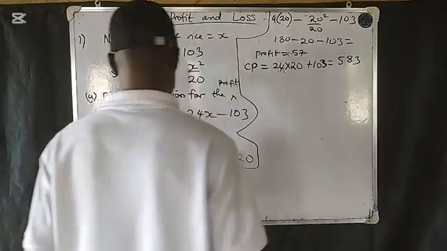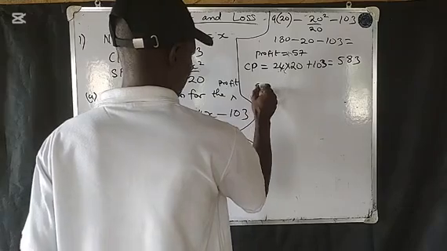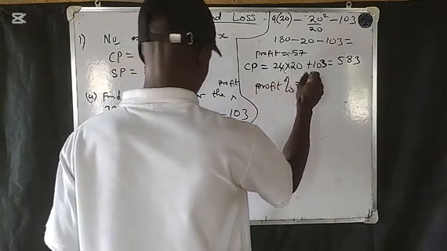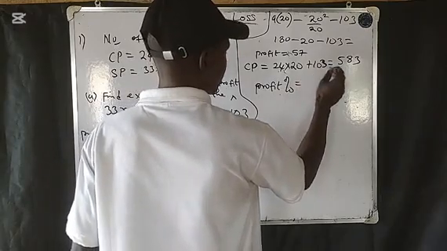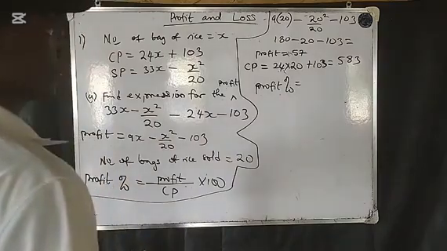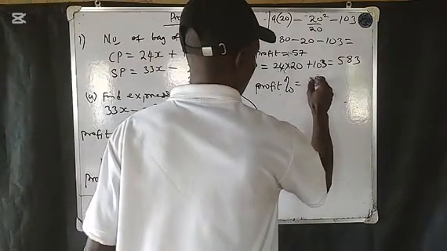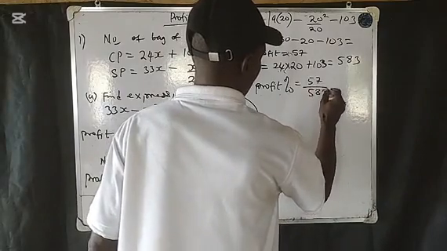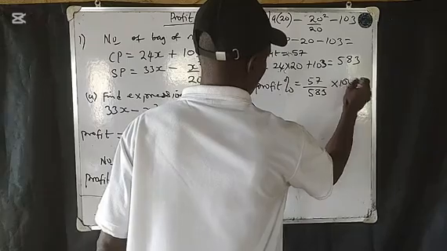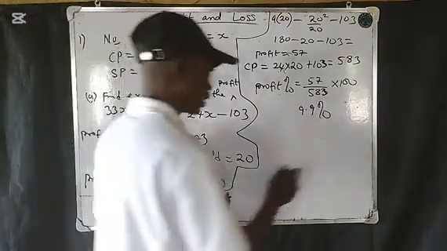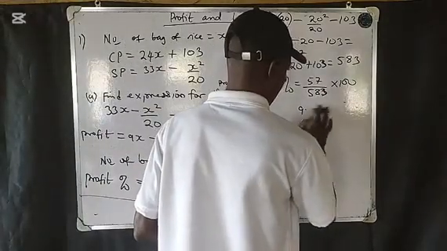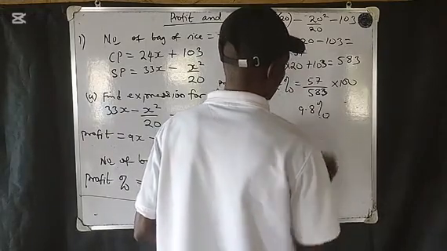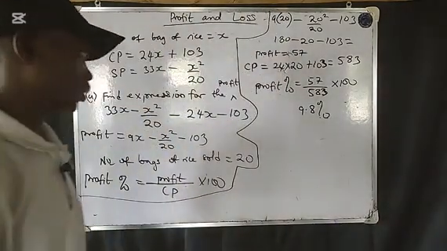So profit percentage now will be profit, 57 over cost price times 100. So find out. 9.78. Okay. That means 9.8. That is the percentage profit.